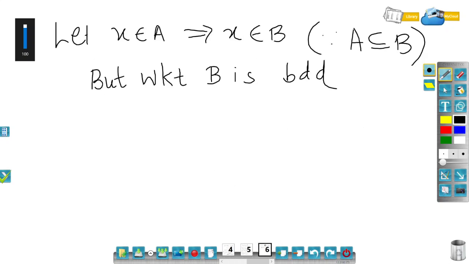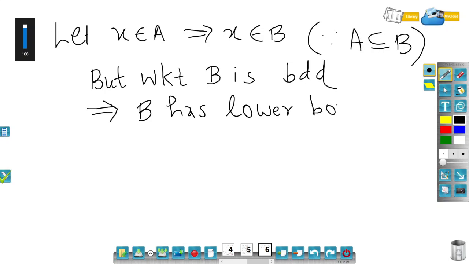But B is bounded, so this implies B has a lower bound as well as an upper bound.